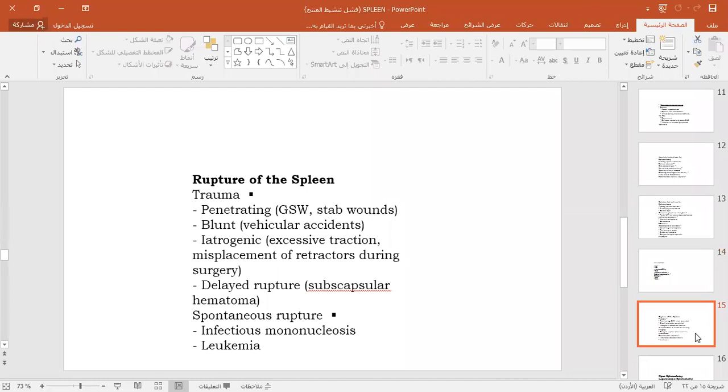The other important topic is rupture of the spleen. Rupture of the spleen is either traumatic or spontaneous. Traumatic rupture of the spleen usually results from a penetrating gunshot wound or stab wound or blunt RTA.